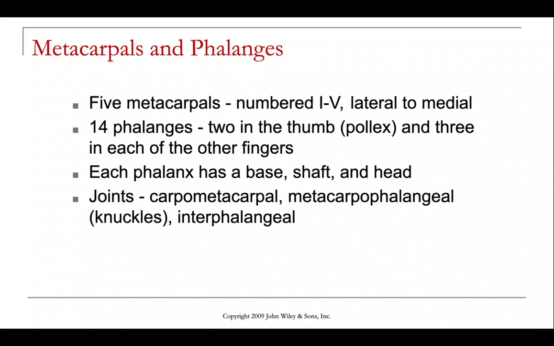There's 2 in the thumb. The thumb is also called the pollex, and 3 in each of the other fingers. Each of the phalanx is going to have a base, a shaft, and a head. So the joints, you've got the carpometacarpal, metacarpal phalangeal, and the interphalangeal joints. So they're named by the 2 bones that make up the joint.